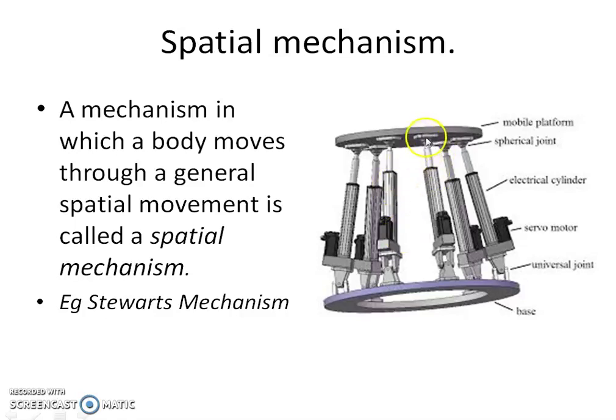This top plate can be arranged in 3-dimensional space as per the requirement. On this plate, a simulator cabin is mounted, while this forms the rigid base which is fixed. So the spatial mechanisms have components which move in 3-dimensional space, hence they are classified as spatial mechanisms.